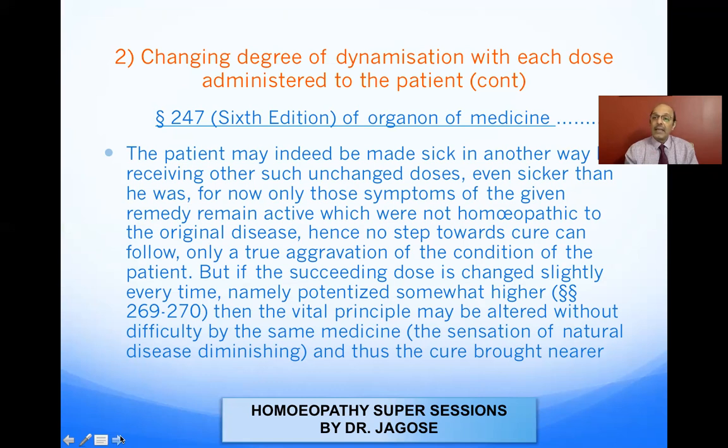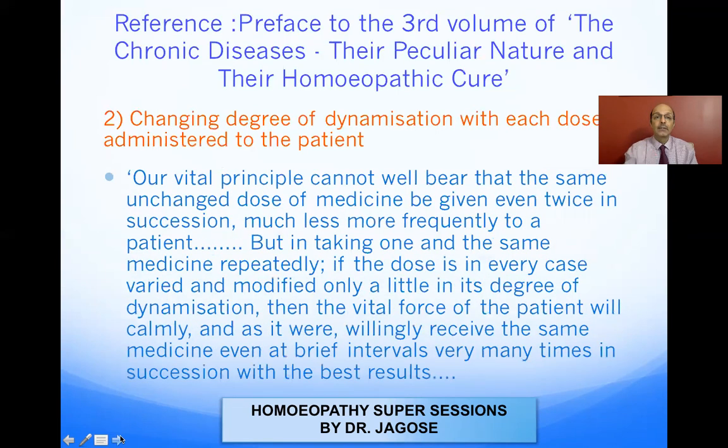And definitely an aggravation will be caused. But if you use the LM potency, then the vital principle can be altered without much aggravation, and you can repeat the medicine often and then gradually change over to the higher potencies in order to bring out the cure faster.